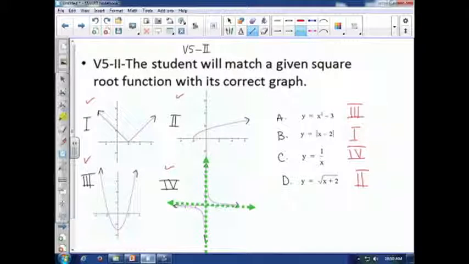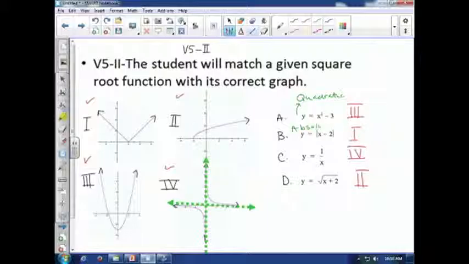So hopefully, and I think the names are important, this is a quadratic function that you will become familiar with. This is an absolute value function. This is a rational function because it's fractional.